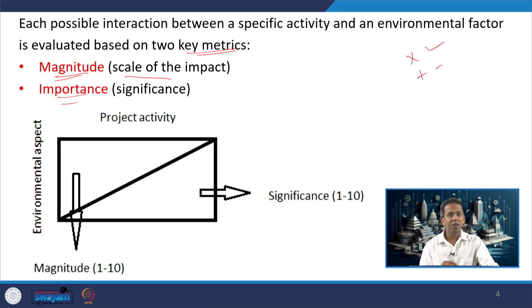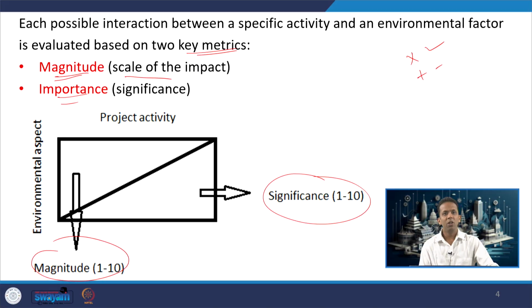It will be more clear when we take some numerical examples, but this figure represents that both magnitude and significance or importance can be rated on a scale of 1 to 10, where 1 represents the lower value and 10 represents the higher value. Significance of 1 would mean least significant, 10 means most significant.